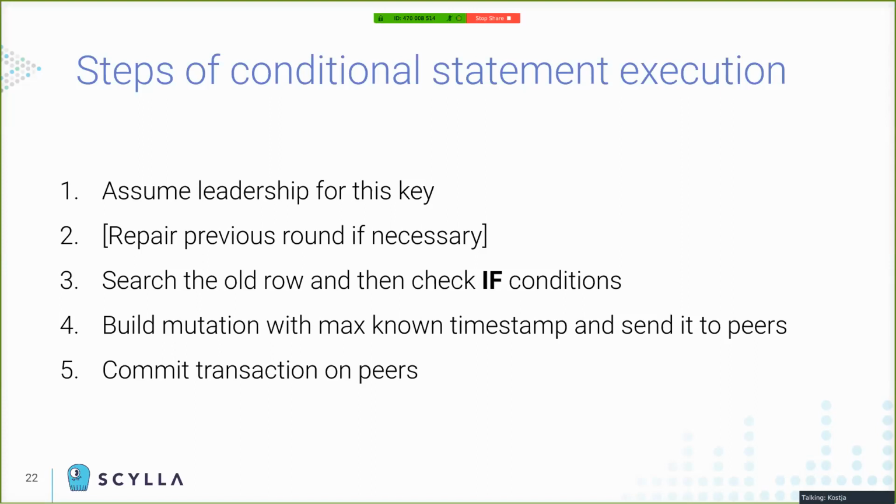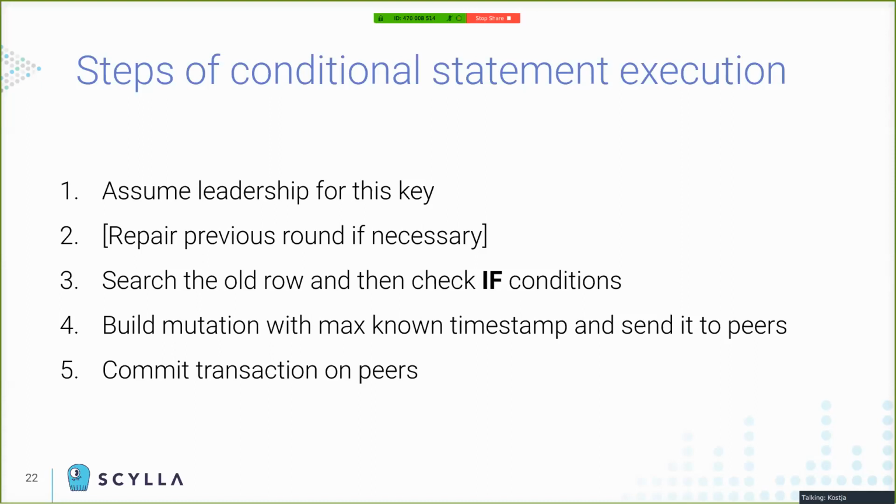This is why the first step before a transaction is executed is that the coordinator that is working on behalf of the client to apply this mutation needs to assume leadership. In Scylla, this kind of locking mechanism is done per partition key, and essentially this ensures isolation on the partition level.